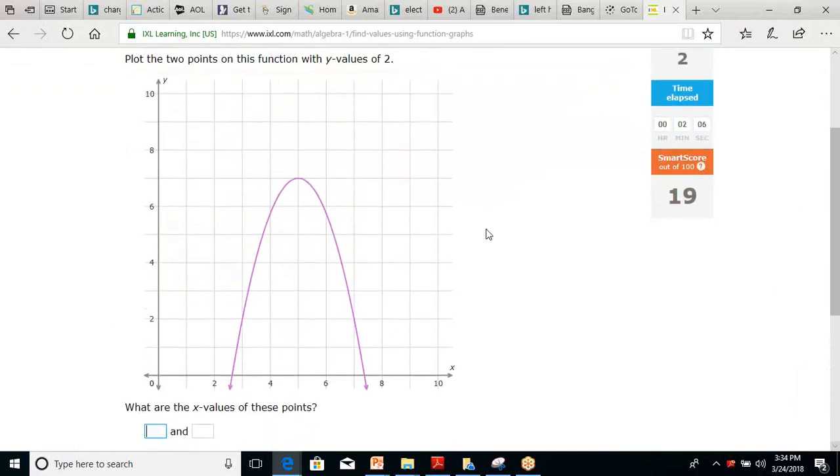All right. Plot the 2 points on this function with a y value of 2. So y value of 2. What you're going to do is come across, and it's going to intersect right there, and it's going to intersect right there again.